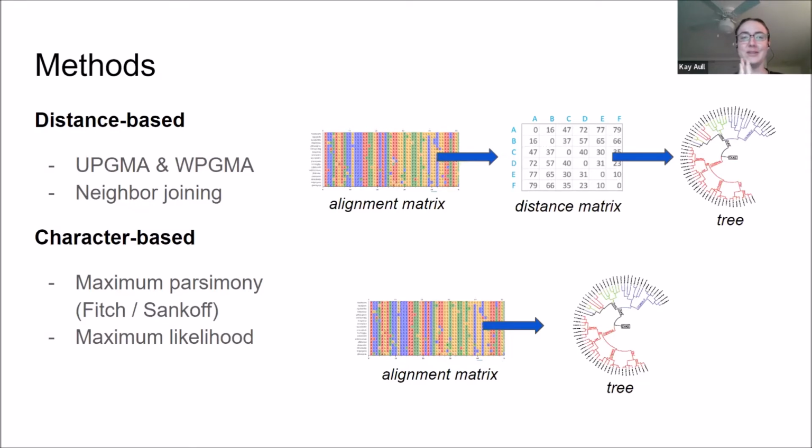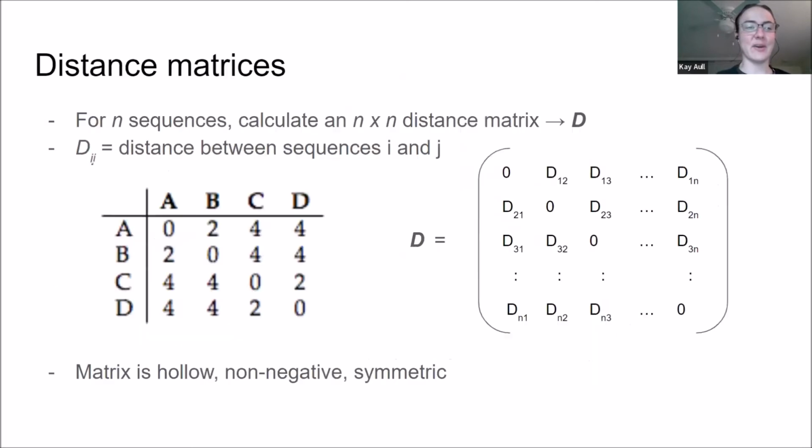And I will show you how to do that. The idea is you start with an alignment, which we've talked about, and you generate a matrix of the distances between these different sequences, and then you use that as your raw material to make a tree. I'll show you how that works.